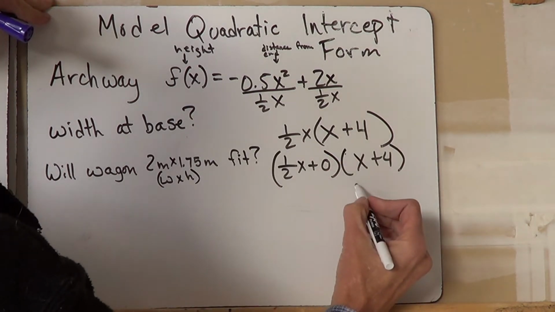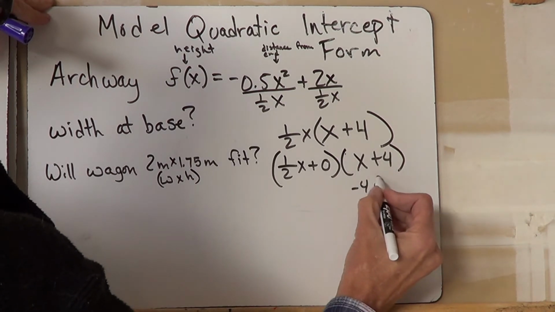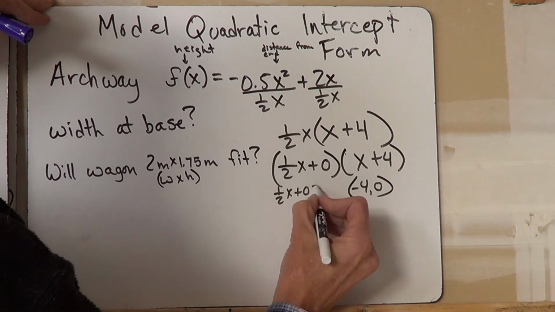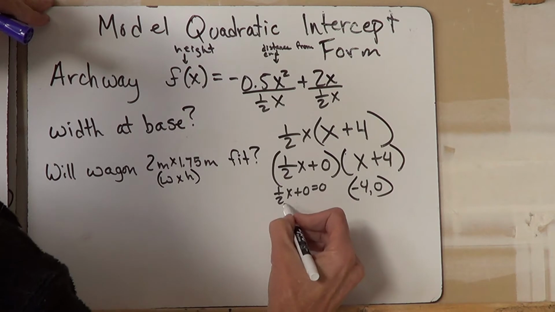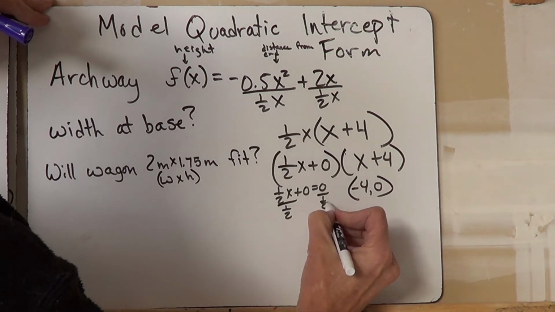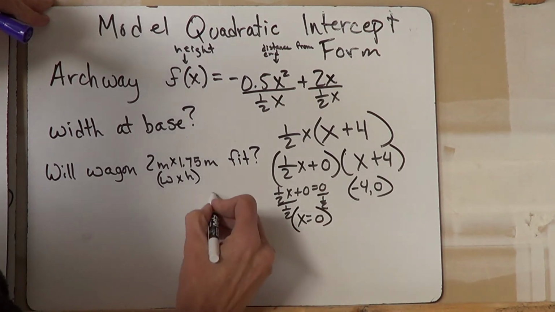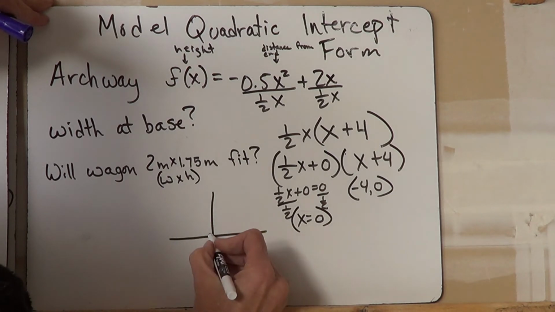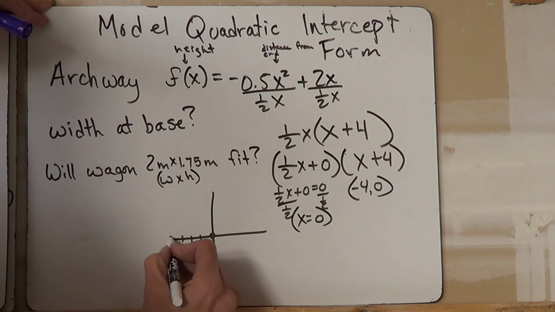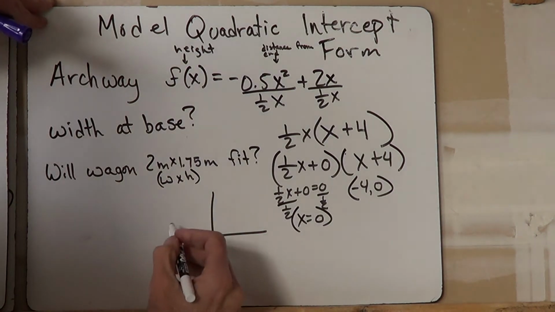So I know my x-intercepts would be at negative 4, 0, and 1/2 x plus 0 equals 0. Divide by 1/2, and I have x equals 0. Okay, so my intercepts are at 0 and at negative 4.